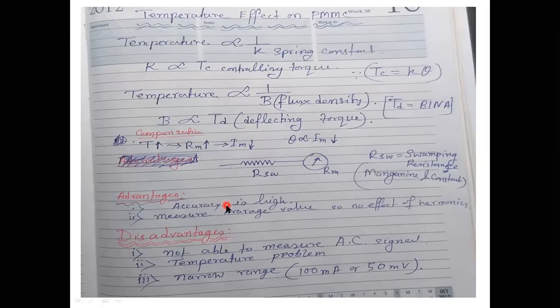But as it only deals with DC, and DC has no harmonics, no harmonic distortion will be given. Another advantage is that PMMC can give the average value of a DC system or DC circuit.